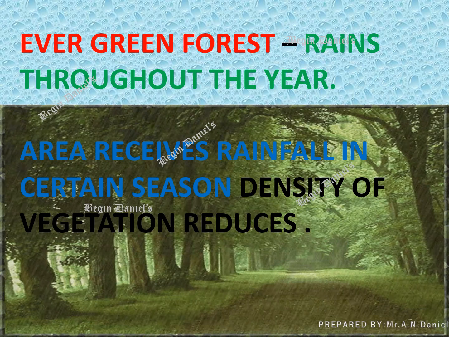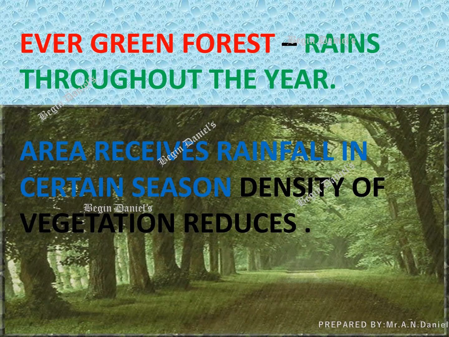Area receives rainfall in certain season. The density of vegetation reduces. So the growth of the trees or forests depends on rainfall. So if rainfall is reducing, then automatically the density of vegetation will also reduce.